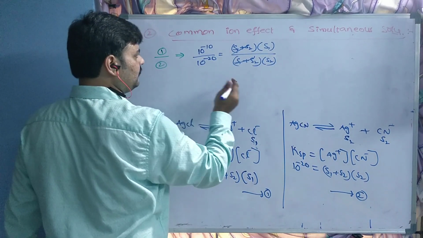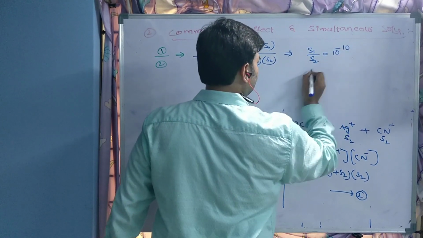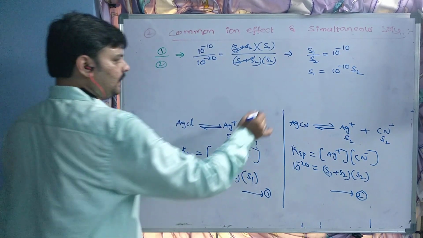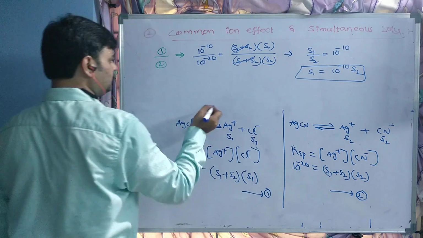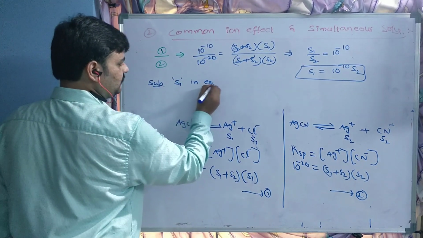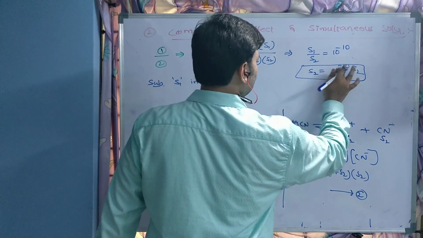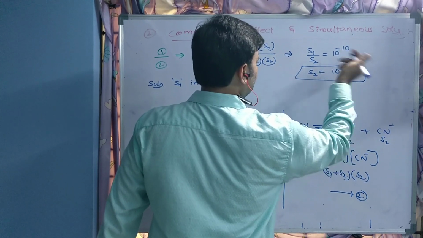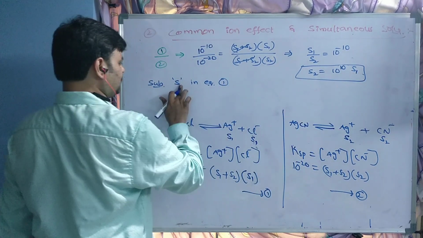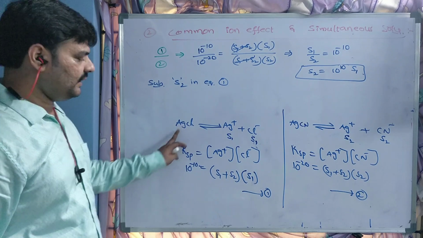So S1 by S2 is equal to 10 power 10, which means S2 is equal to 10 power minus 10 times S1. Now substitute the S2 value in equation 1, because I want to calculate the solubility of AgCl.